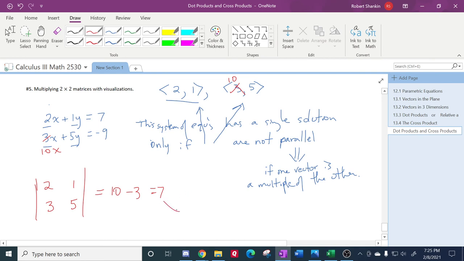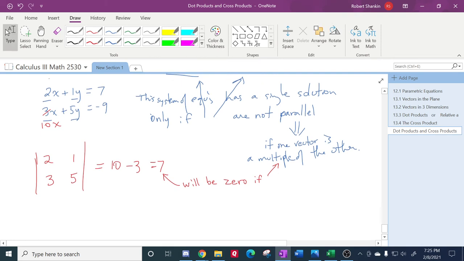This determinant will be 0 if this is the case, if one vector is a multiple of the other.